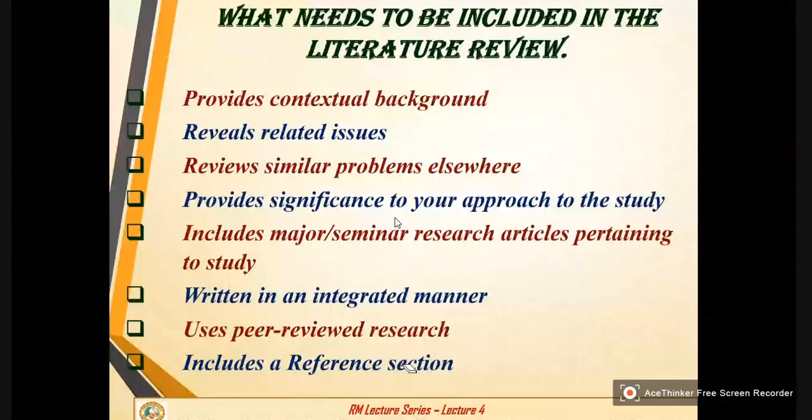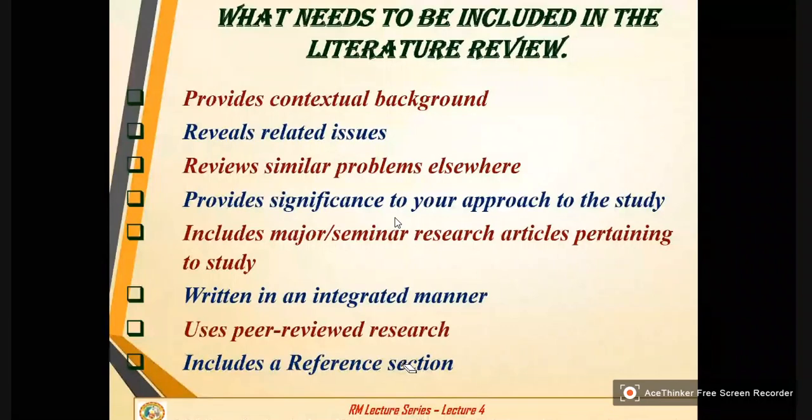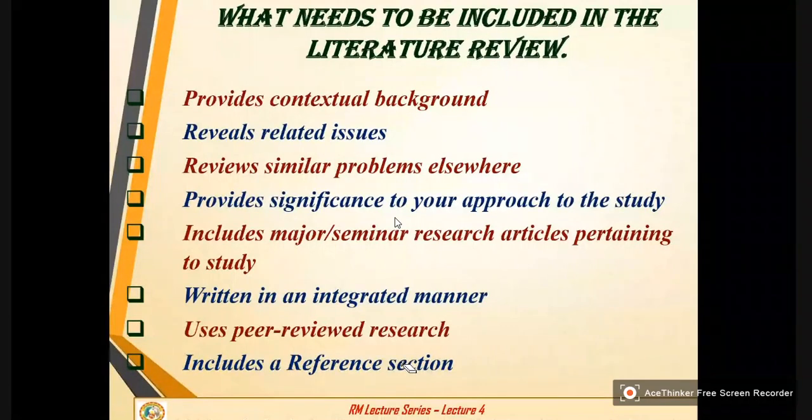It should reveal all the related issues: what issues have been attempted earlier and what issues are left to be attempted. Review similar problems elsewhere, where a similar problem has been studied. Provide significance to your approach to the study. Once you do this literature review, it will provide a path to your study. So it should be included.